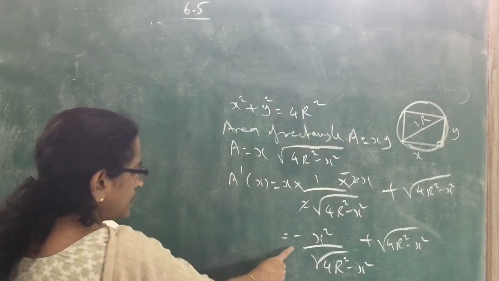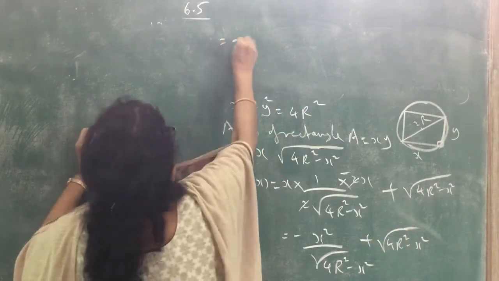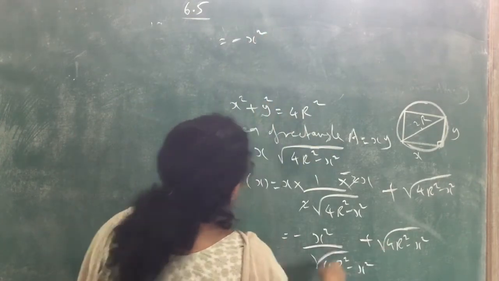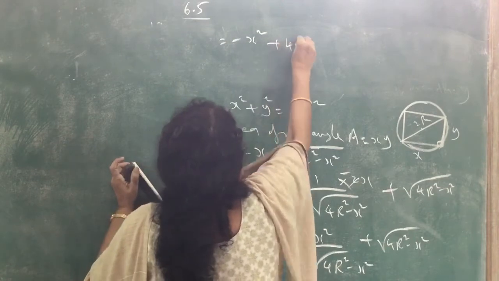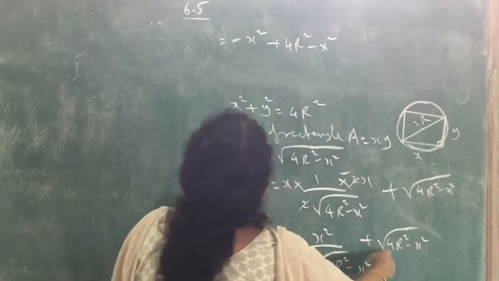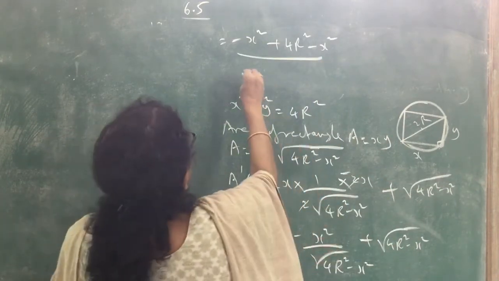So here we can find the LCM, that is minus x square. Then this root of 4r square minus x square, multiply this, we get plus 4r square minus x square, whole divided by root of 4r square minus x square.